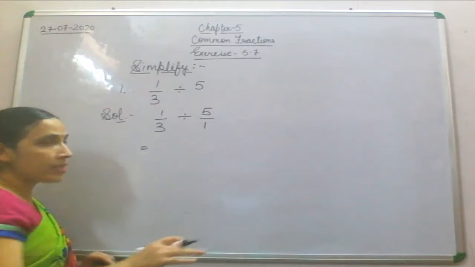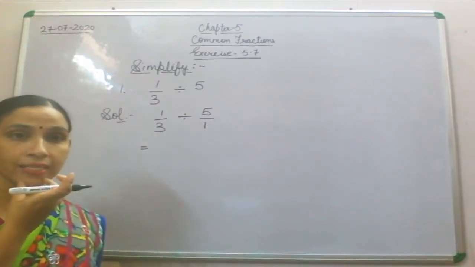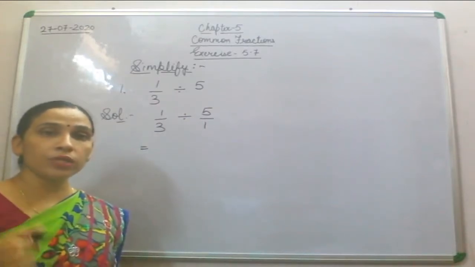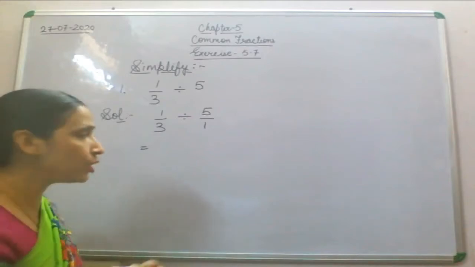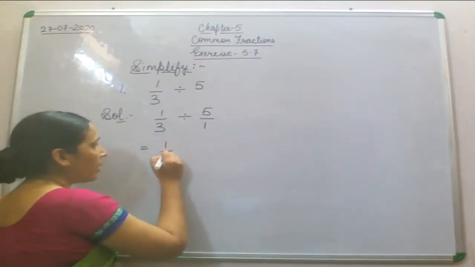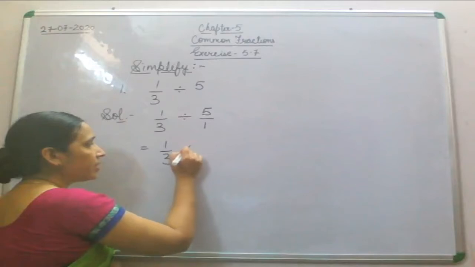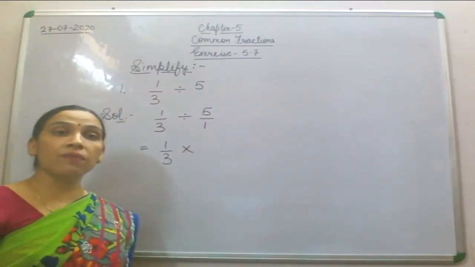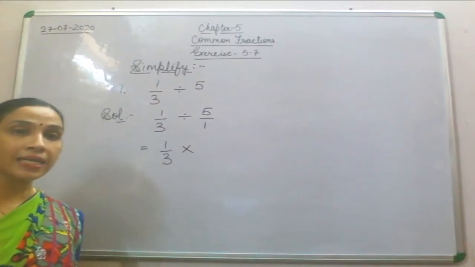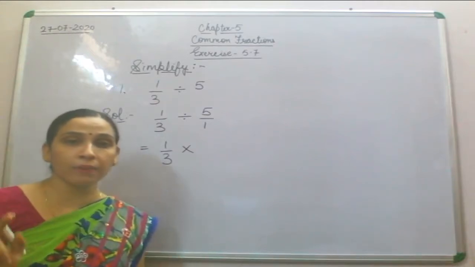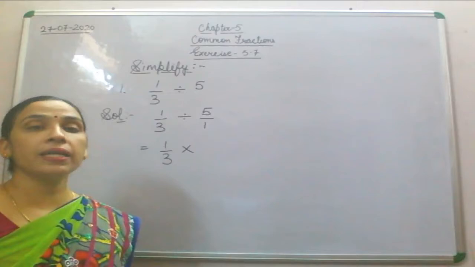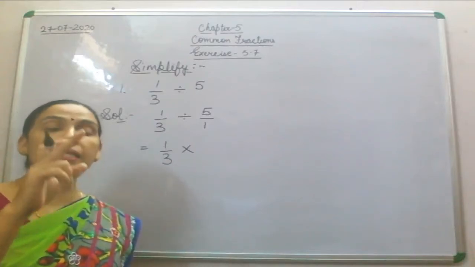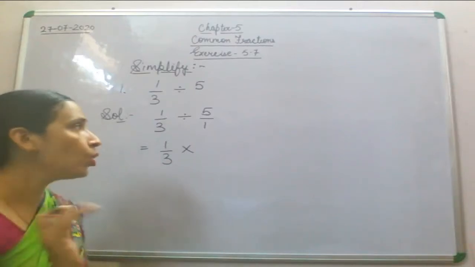Now what is the next step? This division will be changed into multiplication. 1/3 times, and when I change this division symbol into multiplication, the fraction which is after the division becomes its reciprocal. Reciprocal means the denominator goes into the numerator, and the numerator comes into the denominator.